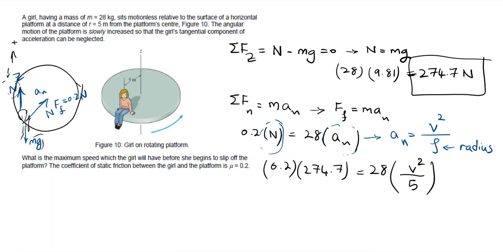If you rearrange this formula, you get 54.9 here, and 28 divided by 5 is equal to 5.6 times v squared. So the velocity before the girl starts slipping off the platform is 3.13 meters per second.